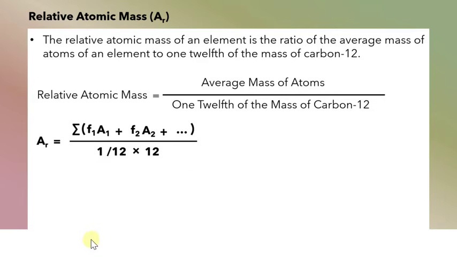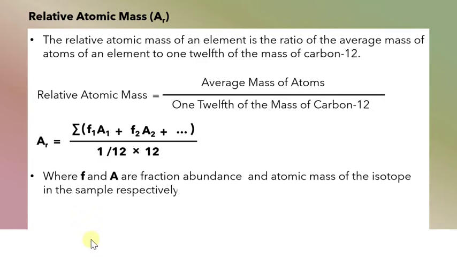Now I explained here where F and A are the fraction abundance and the atomic mass of the isotope in the sample respectively. So there are many terms like this because of isotopes. Again, if you want to understand this, you can join the online lessons for chemistry where I explained about isotopes and how to calculate isotopes.